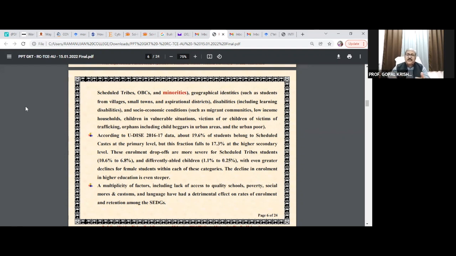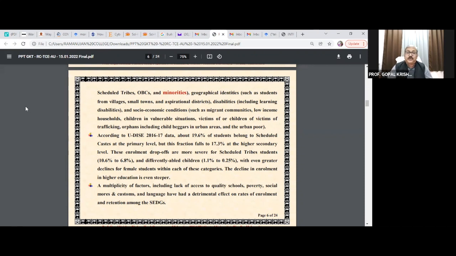Then based on the socio-economic conditions, new areas have been recognized where people have been considered to be included in this socio-economically disadvantaged group: migrant communities, low-income households, children in vulnerable situations. We have people staying in red corridors where terrorist activities, Naxalite activities are going on, and people are living in such vulnerable circumstances where there is no certainty of life.